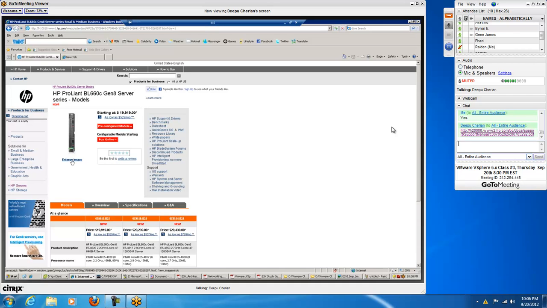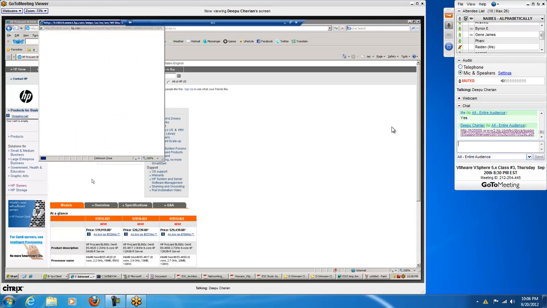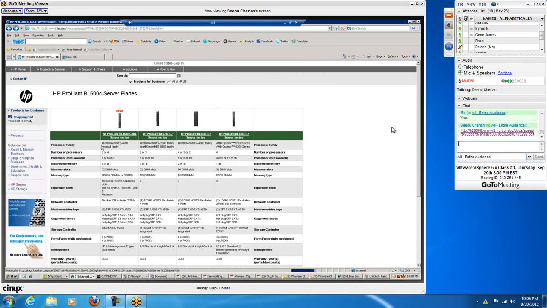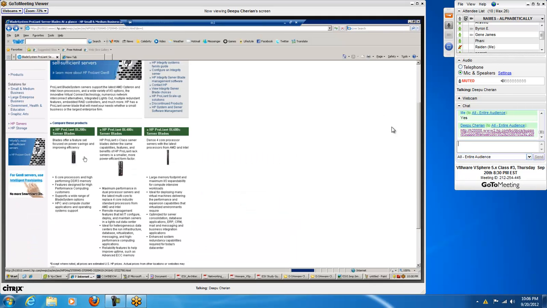This is a full height blade server. It is how it looks like. This is a full height. A half height blade is only going to be half of that. Let me show you here. This is actually a half height blade.